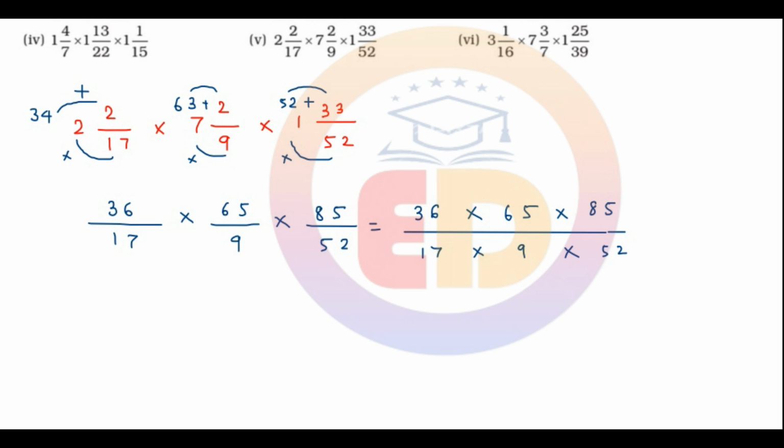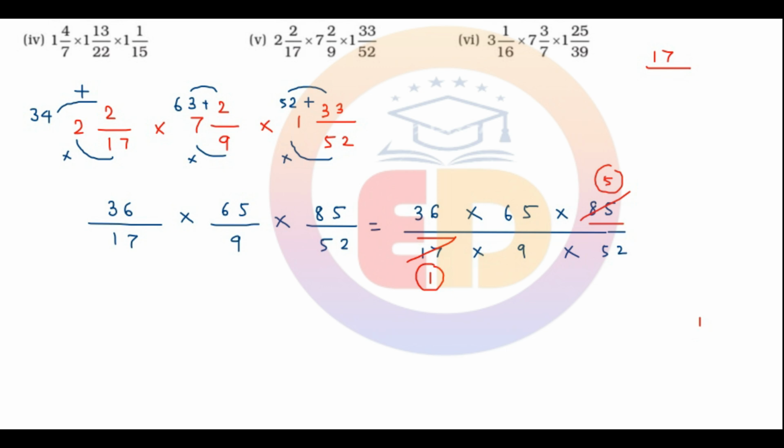Now friends, if you know the table of 17 by heart, the question becomes very simple, because here we can divide the denominator 17 and the numerator 85 by 17. When I divide 17 and 85 by 17, in the denominator I will get 17 ones are 17, in the numerator I will get 17 fives are 85.